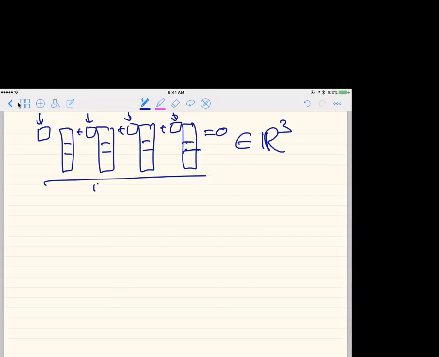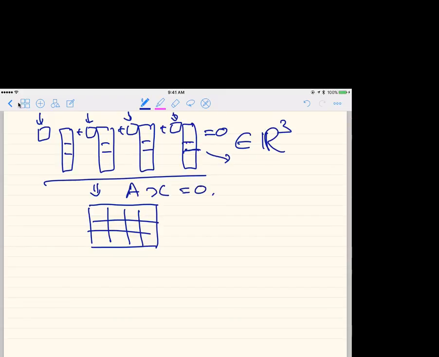This is the same as a matrix equation: we have 3 rows because they are living in 3-dimensional space, and 4 columns, and then matrix A times x equals 0.